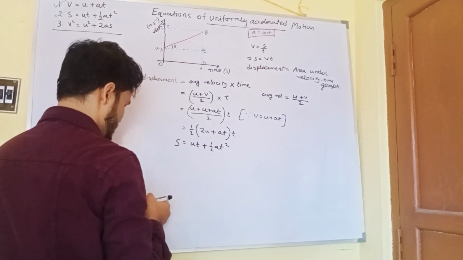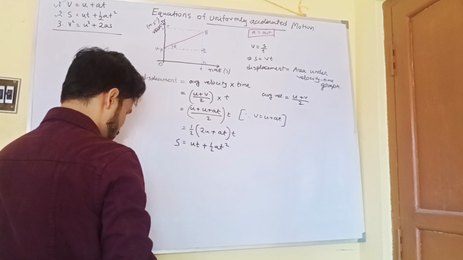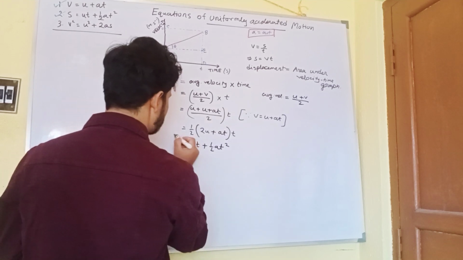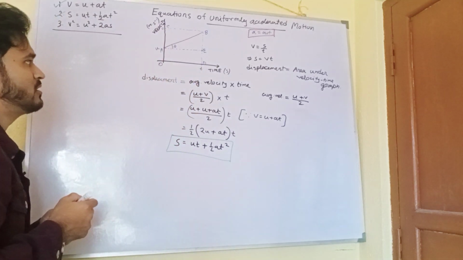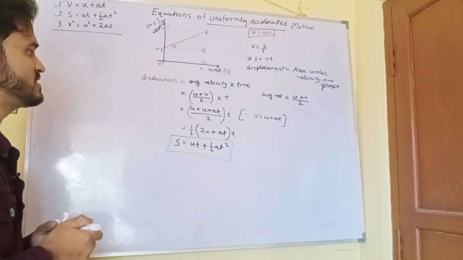This is our S. So we prove S equal to UT plus half AT square using the analytical method, or by definition of displacement.